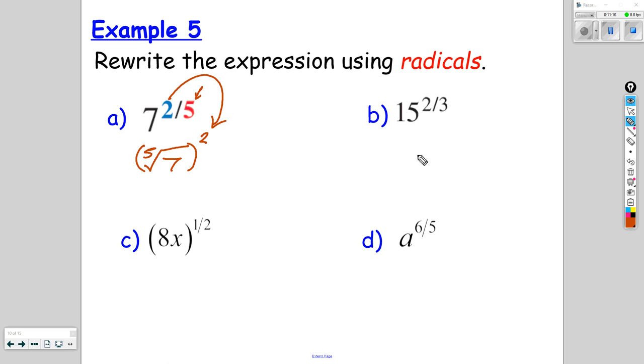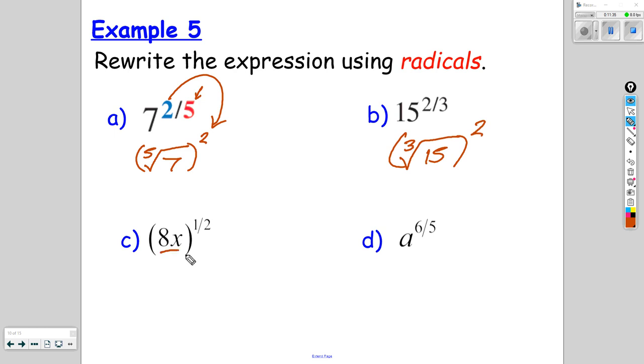Same thing over here. 2 is on top, so that's what we're raising this thing to, and 3 is on bottom, so that's the index. I always start out by writing the radical first with its index, and then writing what we're raising this thing to.